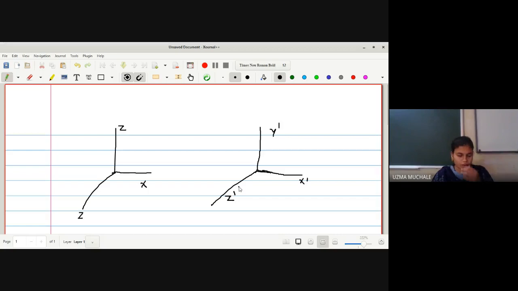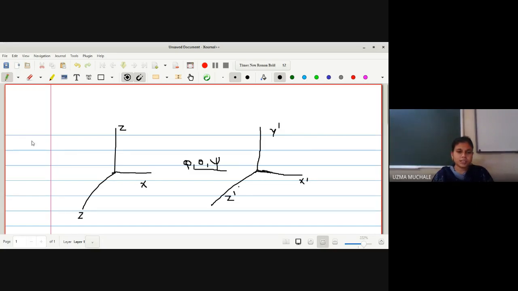How are we going to obtain this? With the help of the angles phi, theta, and psi. With the help of three successive angles of rotation, we are going to change the coordinate system xyz to x dash, y dash, z dash.